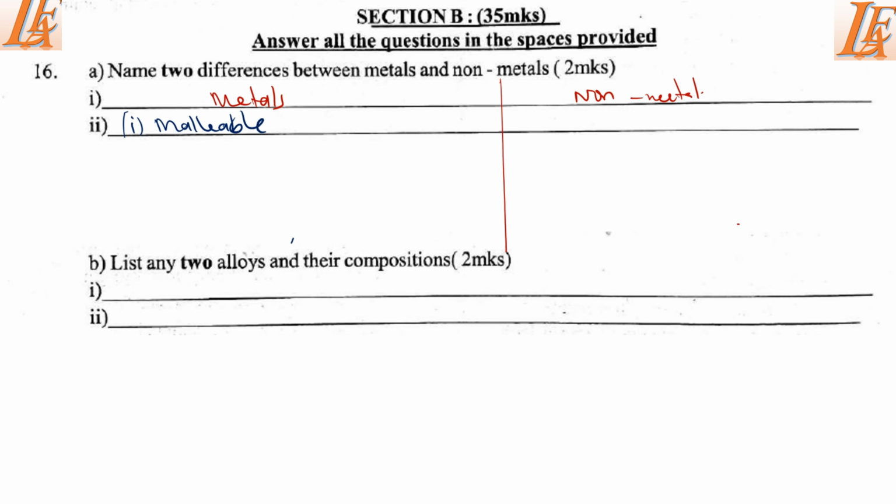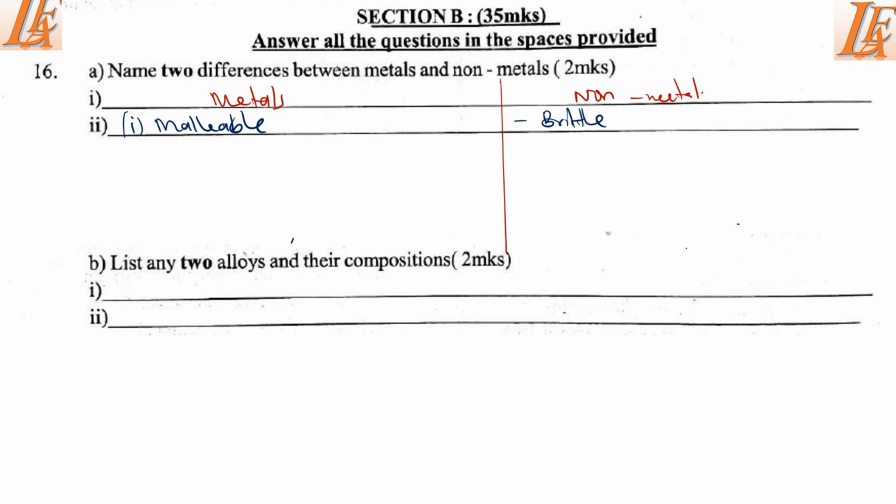A malleable substance is a substance which you can hammer into a sheet without breaking, while non-metals are brittle. A brittle substance is a substance which, if you try to hammer it, it will break into pieces. So in this case, metals are malleable while non-metals are brittle.